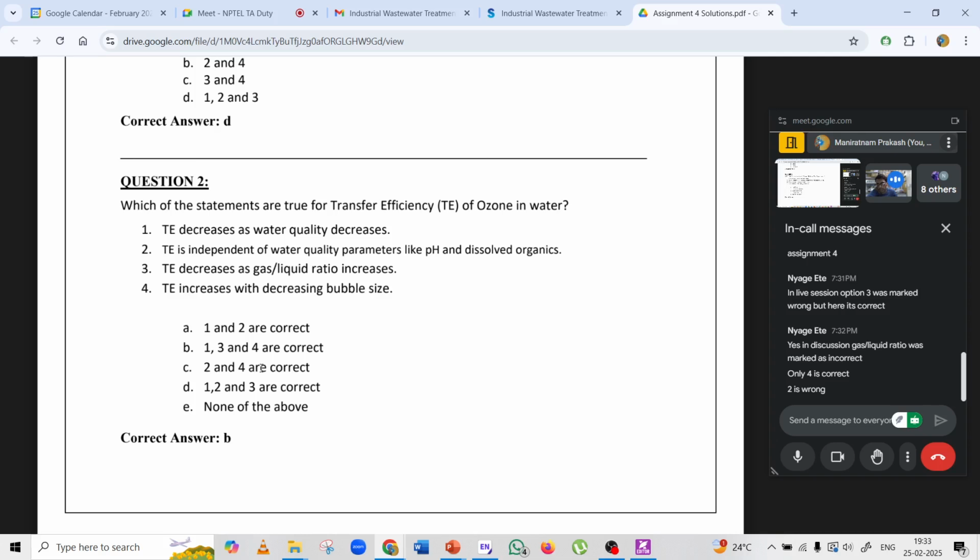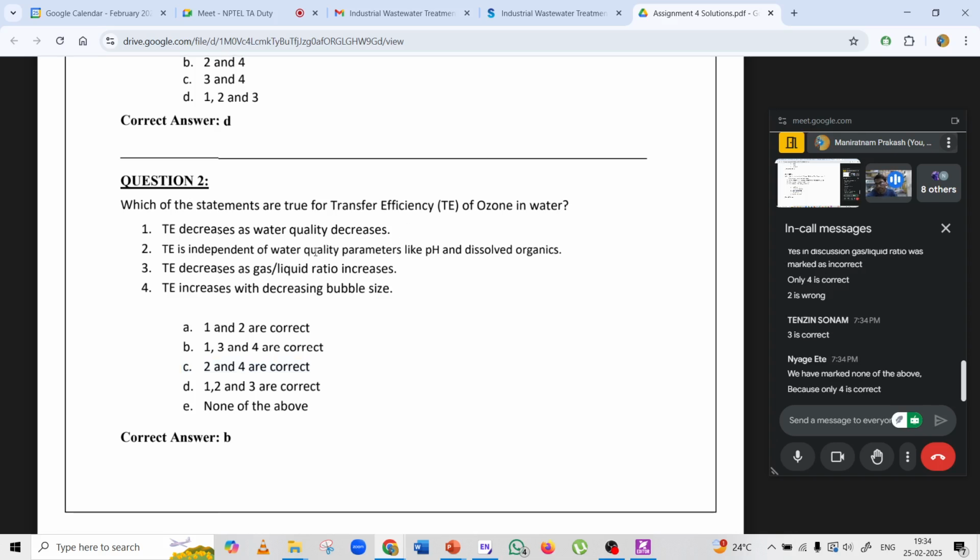First is also incorrect. I think only 2 and 4. Again, here the correct answer will be C. 2 is wrong, independent of water quality parameter. Sorry, 2 is also incorrect. Option number three is also correct, sir. Only option 3 is correct.